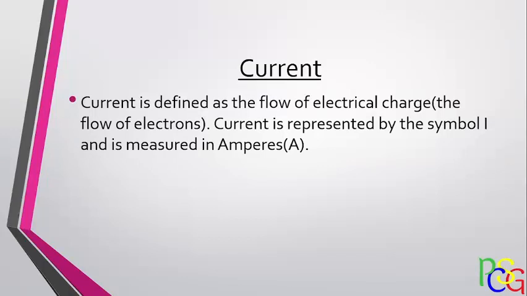Now do not get confused by the symbol and the measurement, right? The symbol I. If you're looking at a circuit, and we will get there a little bit later, you normally see labeling of letters, right?